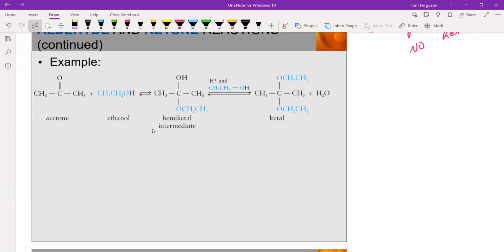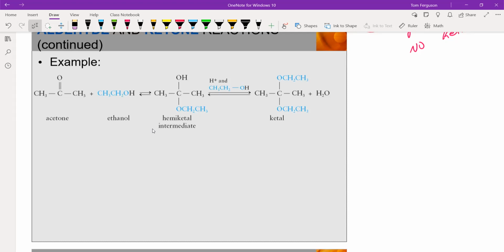So these reactions usually are two-step. First you make the hemi, then you make the full. If we start with a ketone like here, we're going to make a hemiketal first. Then it's going to go to the ketal. First the hemi, then the full-blown one.